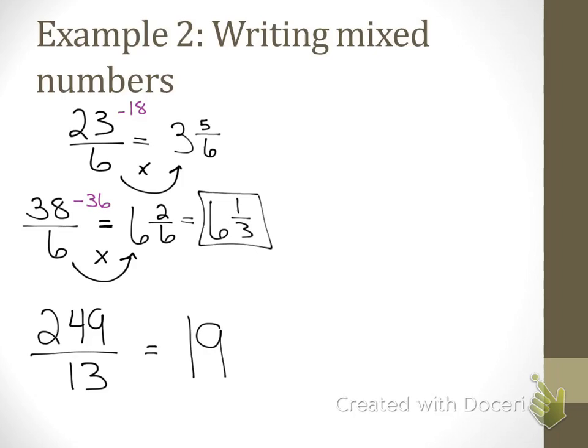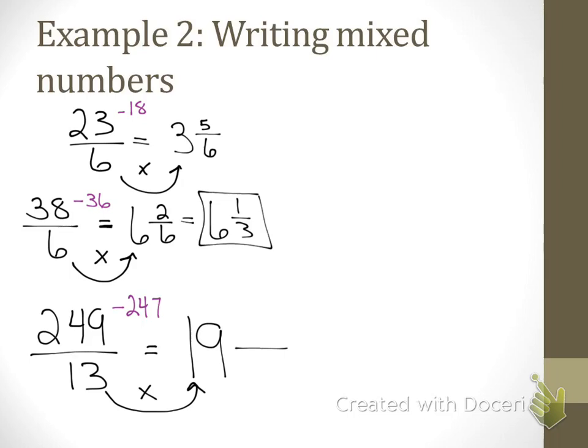I multiplied my denominator times what I believed was my whole number. 13 times 19 is what I need to do next, because 13 times 19 now gives me 247. It gives me the number that I need to subtract from 249. Multiplying the whole number times the denominator gives me the number that I need to subtract to find my new numerator. So I subtract 247.